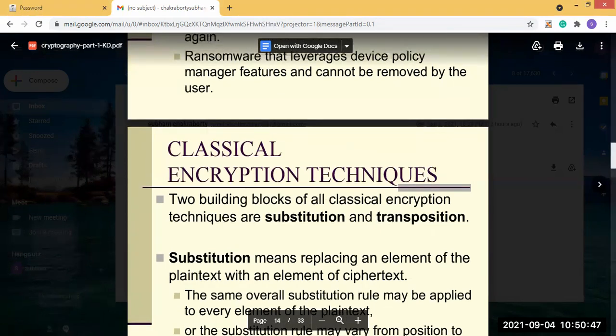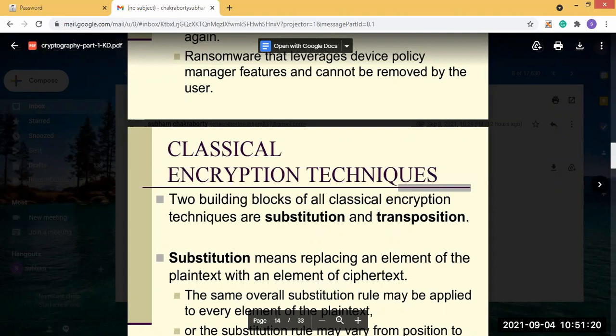Now for classical encryption techniques, two classical techniques are used, that is substitution and transposition. I have not covered block cipher or Hill cipher, it is not in your syllabus, I am only giving the introduction of it.